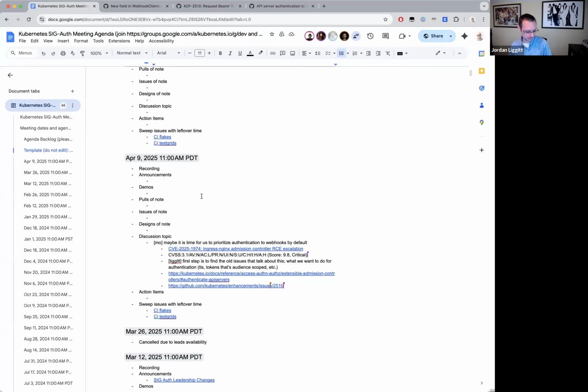That's not what audiences are for. I'm aware that they're supposed to identify that it is meant for a particular target. So maybe we shouldn't design it that way. Add fields to token request, I guess, that say I want a new bit set that says I'm supposed to be calling admission webhooks.